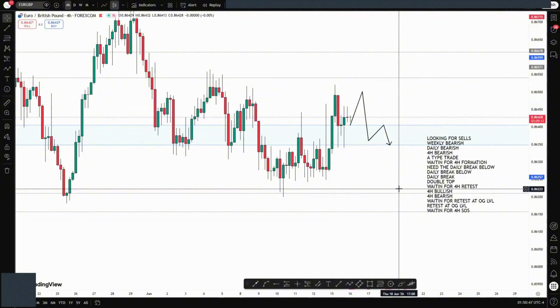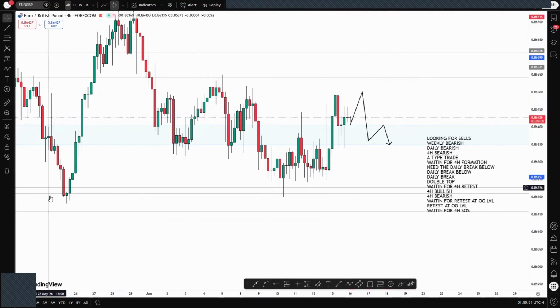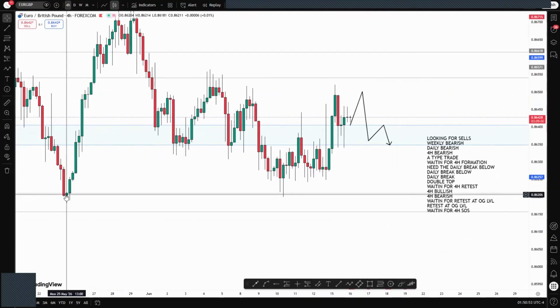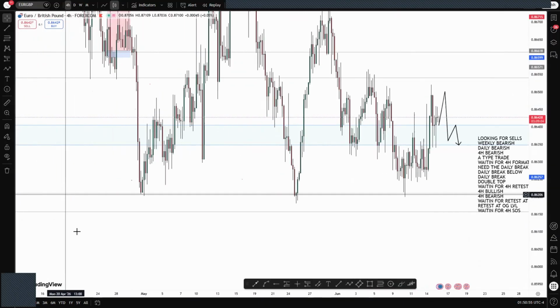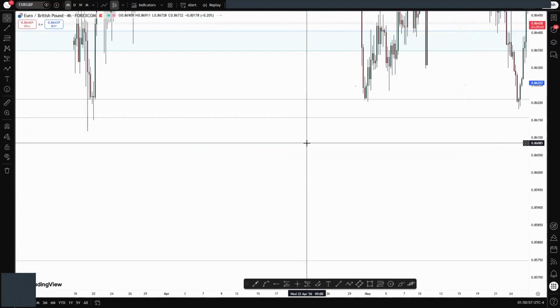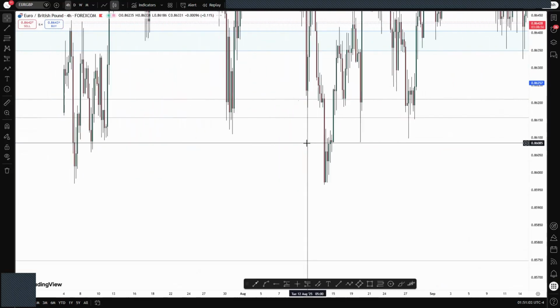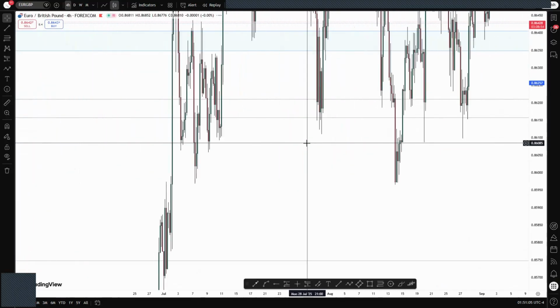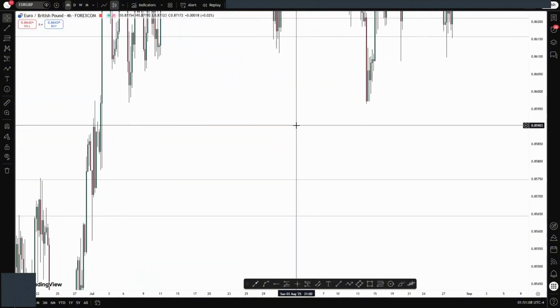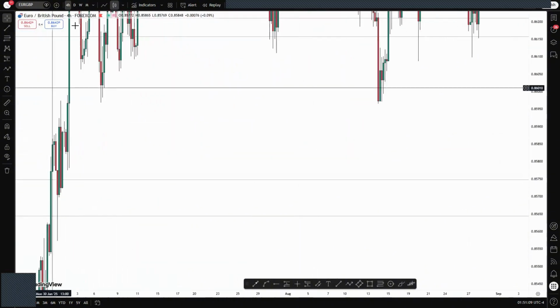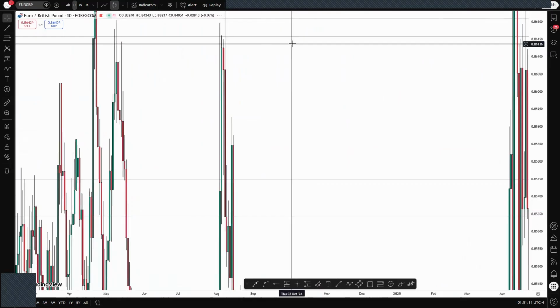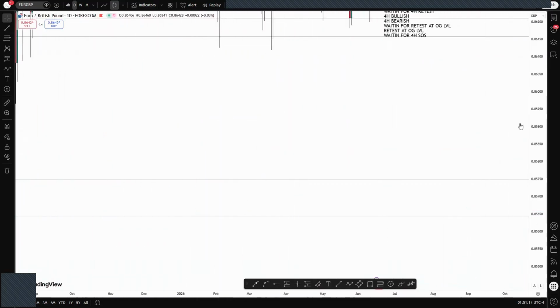And remember, when I sell this pair, I'm not planning on coming out on this level here. I'm planning on coming out on this level here. Why? Because I know this pair, how it moves.